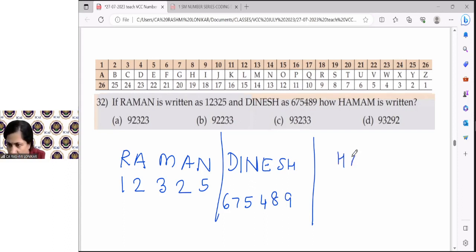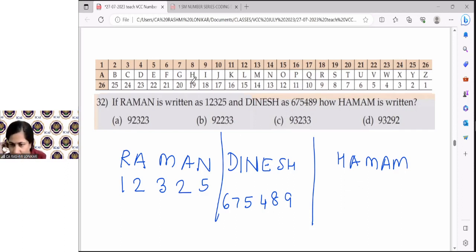Then what will HAMAM be? Now see, you can do it by the method that we already did. But when two codes are given, usually what is asked you can always find from these two words itself. So when two words in the codes are given, you can do that.